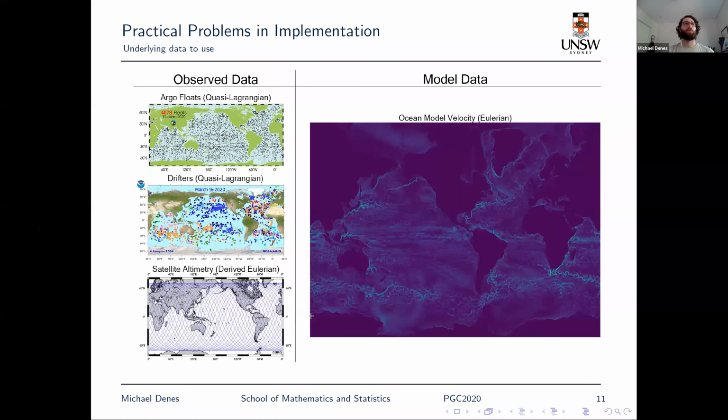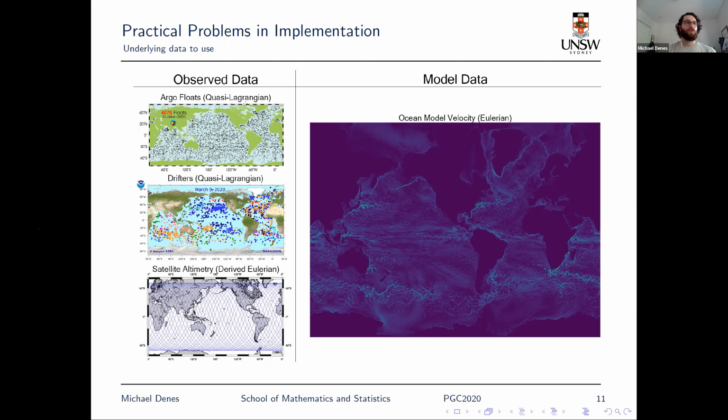So the first problem is the data problem. What sort of data should we use? So we could use observed data, whether that be Argo floats, so the floats that drift at a set depth and then come back up every 10 days.